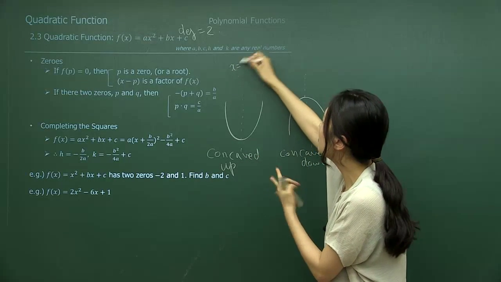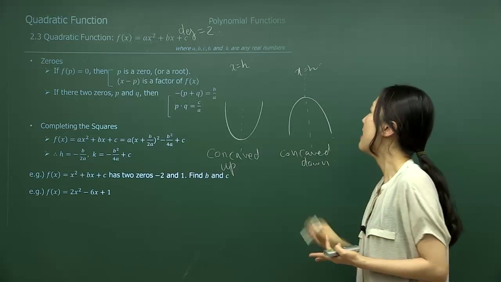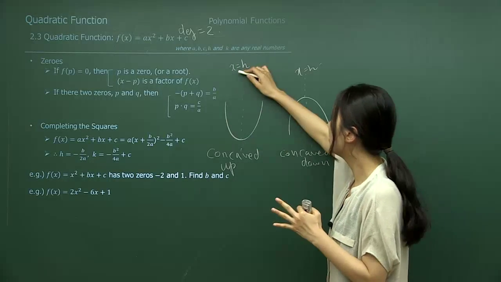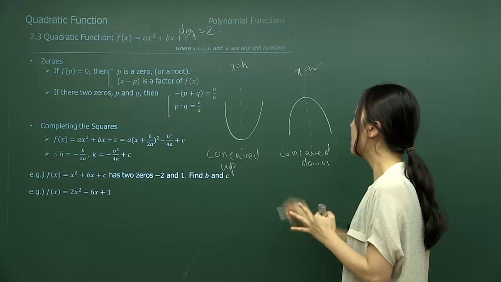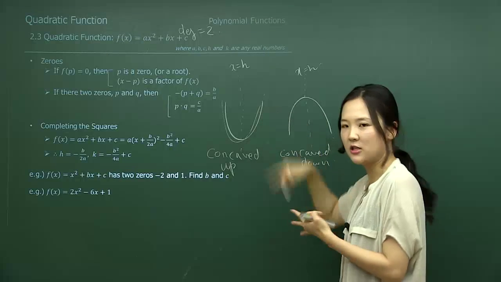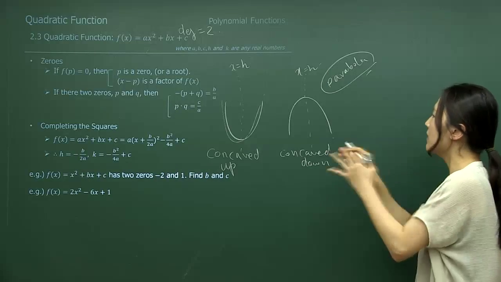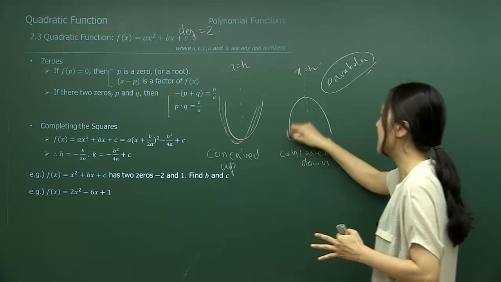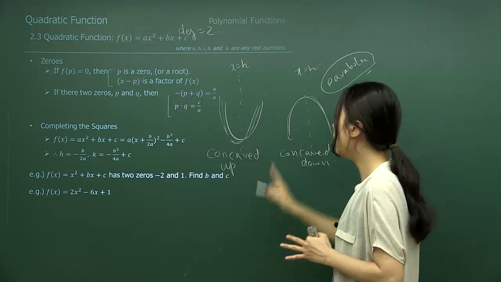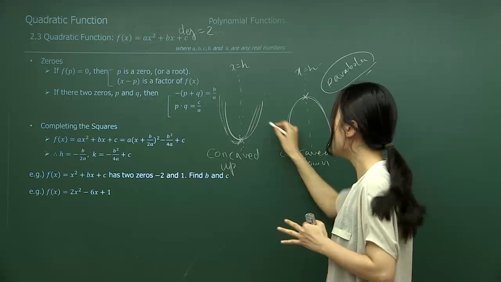So at x equals some value, I'll call it h for now, when x equals h, that gives you a vertical line, the line of symmetry of a quadratic function graph. This shape actually has a name. We call it a parabola. So a parabola means these U or upside-down U-shaped graphs with a perfect line of symmetry. And we also call the bottom or the top of the graph the vertex.